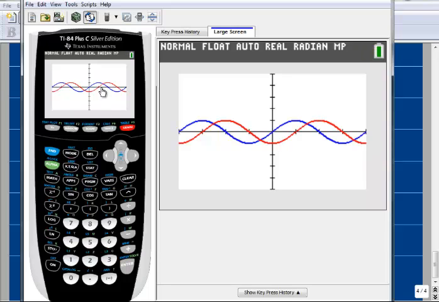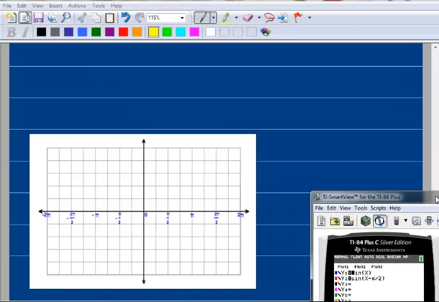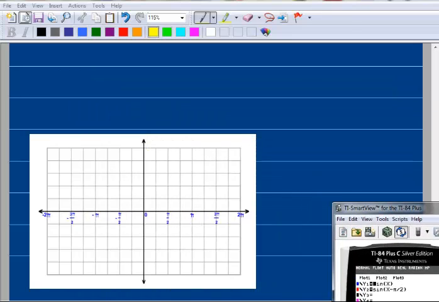Notice that my initial graph goes through the point 0, 0. The red, shifted graph now goes through the point pi over 2, 0. Although inside my parentheses I see x minus pi over 2, this is a shift to the right. Let me write here for a second.